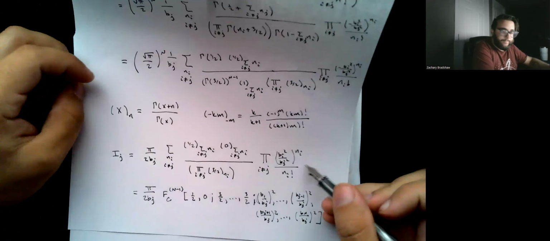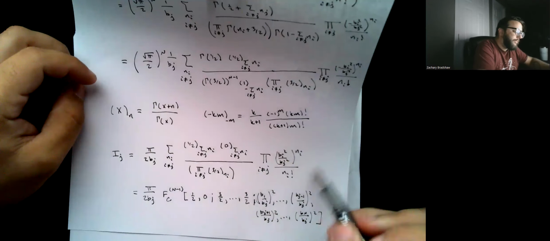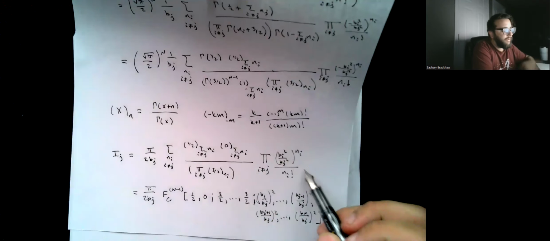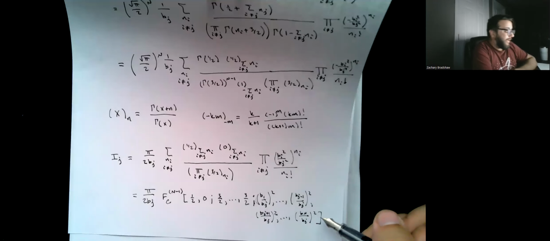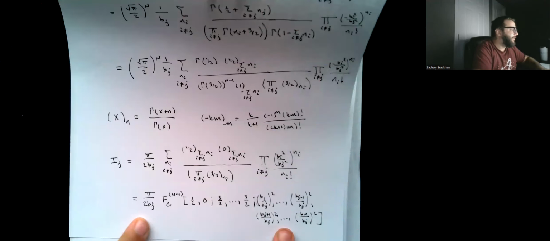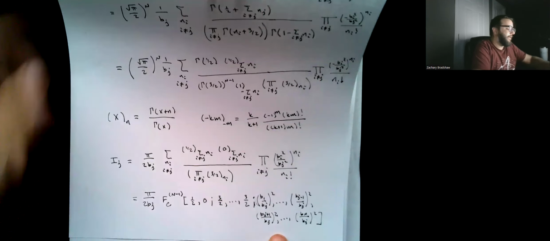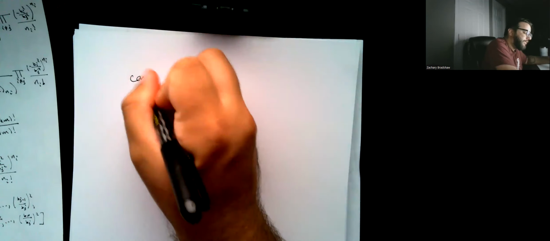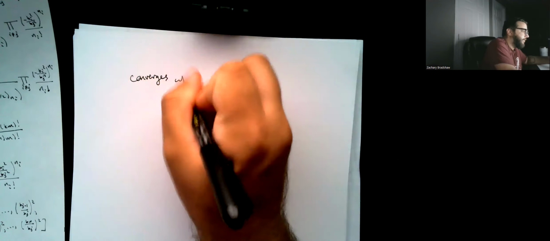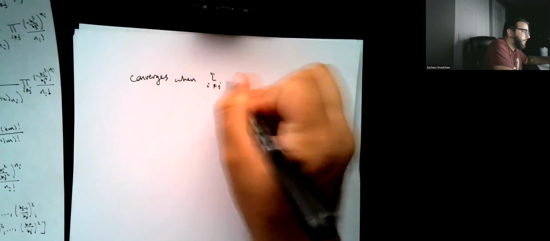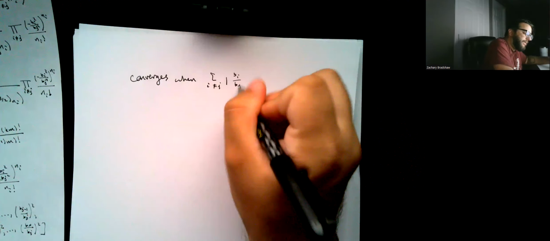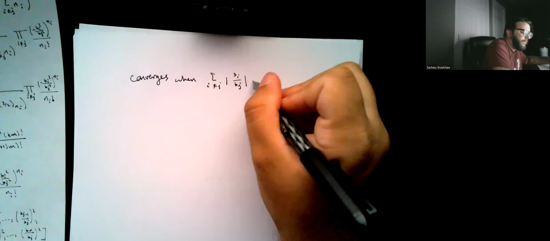So this jth bracket series here is exactly the definition of what's called the Lauricella hypergeometric function of type C. And what is known about this thing is that it converges when the sum over i not equal to j of bi over bj is less than 1.